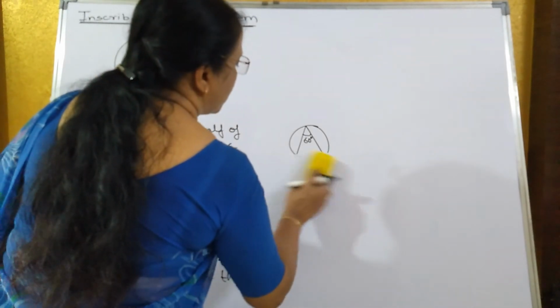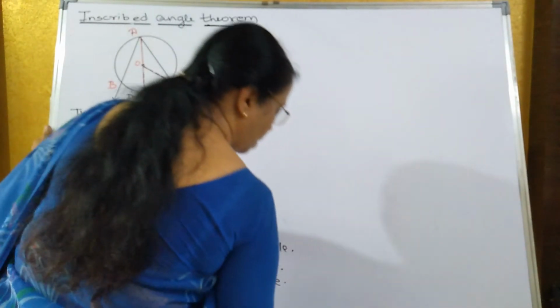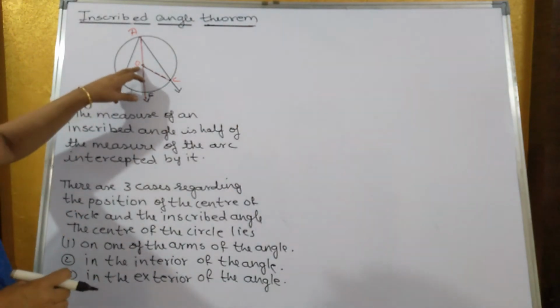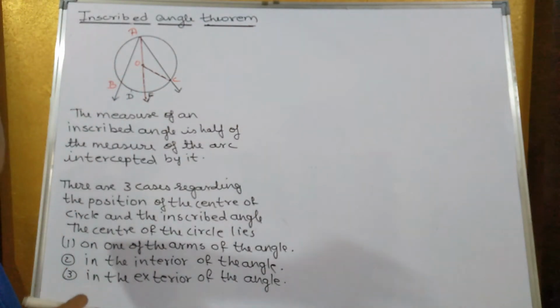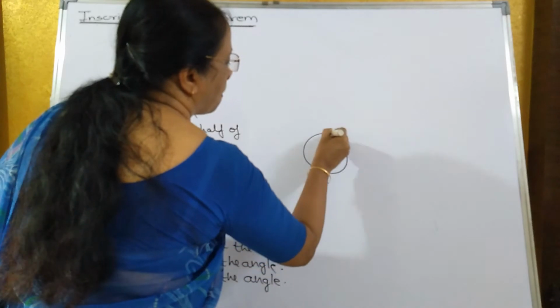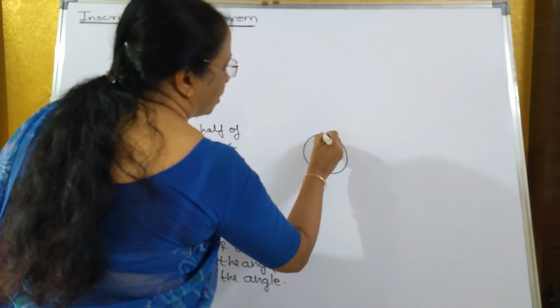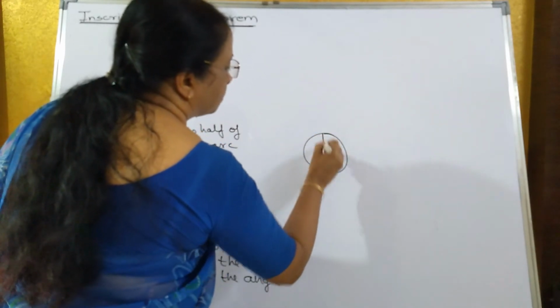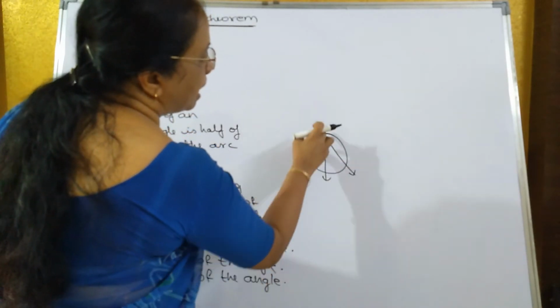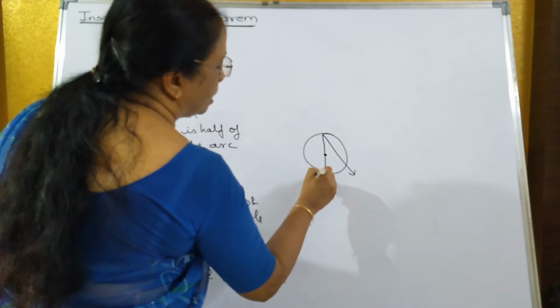Now next one, they have said there are three cases regarding the position of the center. Regarding the position of the center of the circle and the inscribed angle, there are three cases. First case: if one of the arms of the angle lies on the center, that means the center lies on one of the arms of the inscribed angle.